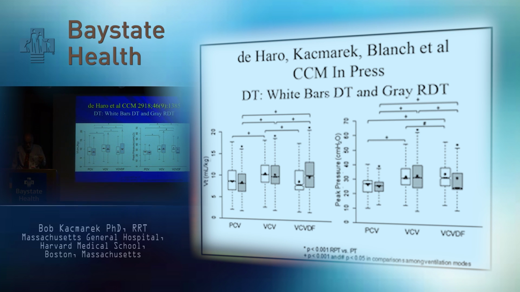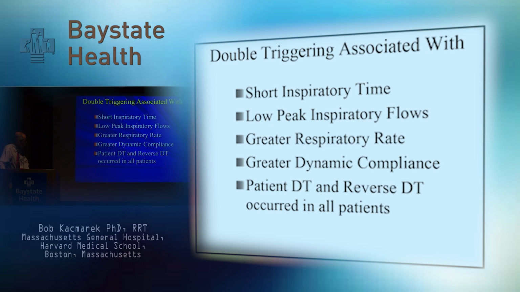Basically, patient-initiated double triggering and reverse triggering in any one of these modes essentially ended up with the same set of circumstances. Just that patient-initiated double triggering is much more common than the reverse triggering phenomena, probably because patients were mostly spontaneous breathing, much shorter period of time they were under controlled mechanical ventilation.